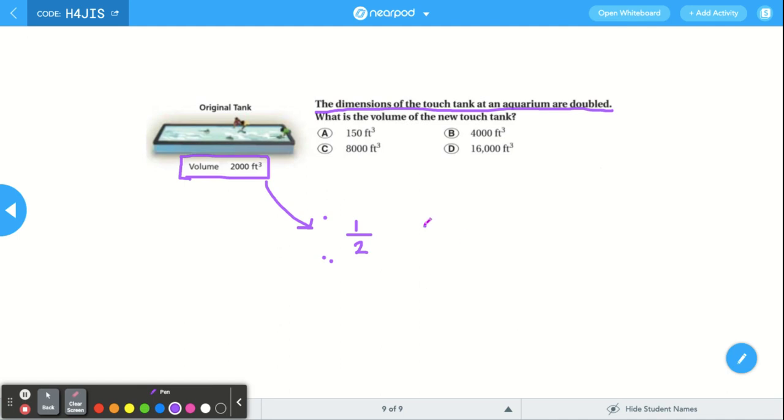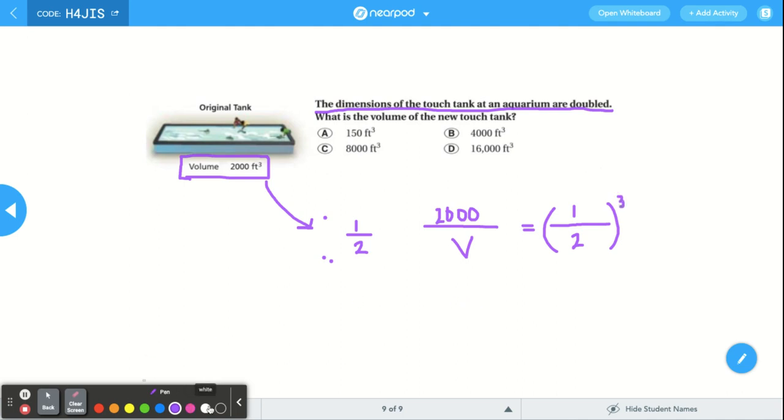So let's go ahead and set up our proportion. The volume of the original, which is 2000, corresponds to the volume of the new, which we don't know, I'll just call it V. And the ratio comparing the side lengths of the original and the new is 1 to 2. And don't forget we have to cube that.